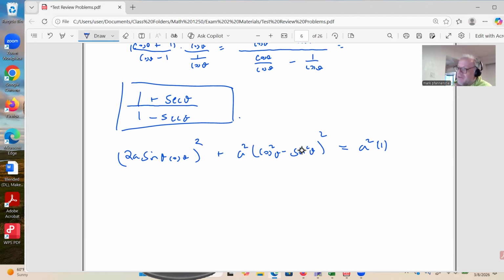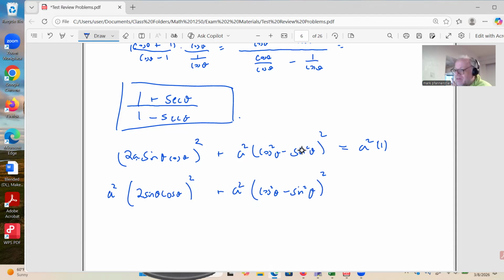So the first thing I'm looking for is to square this side out a little bit. I have an a squared, and I'm going to move the a out of the way because it's getting in the way. I have 2 sine theta cosine theta, squared, plus an a squared times cosine squared theta minus sine squared theta, squared. At least I've gotten the a's out of the way.